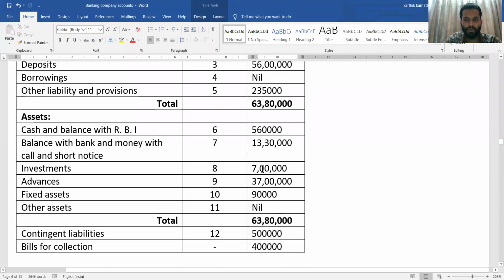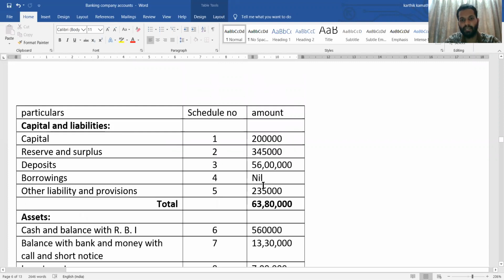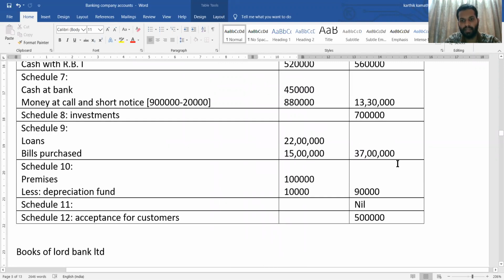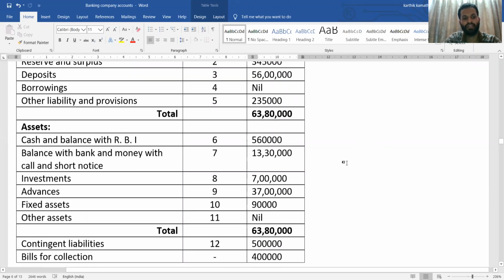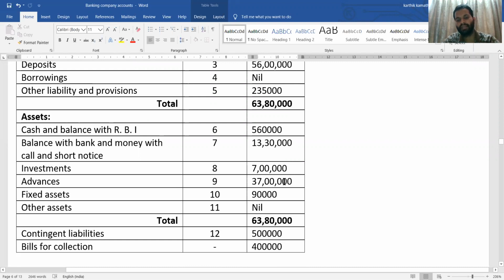Then investments, schedule number 8, directly given. Advances, schedule number 9, total 37 lakh, so you write 37 lakh. Then fixed assets, schedule number 10, that is 90,000, premises minus depreciation fund. Other assets, schedule number 11, nil. Now you make the total of both sides, liability as well as asset side. You will get the total 63,80,000.